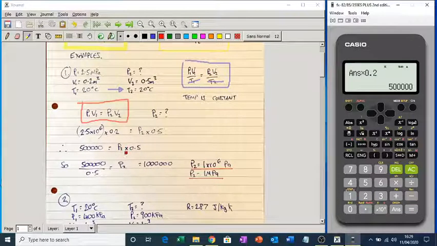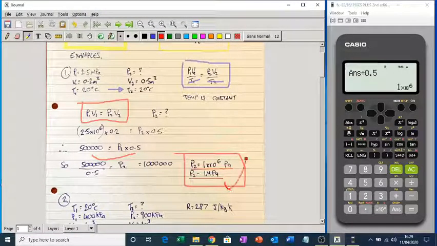Then I'll leave the P2 there and bring this 0.5 down, so divide this by 0.5 and that will give me P2. You can leave it like that, or you can put ENG, 1 megapascal or 1 times 10 to the 6 Pascal.